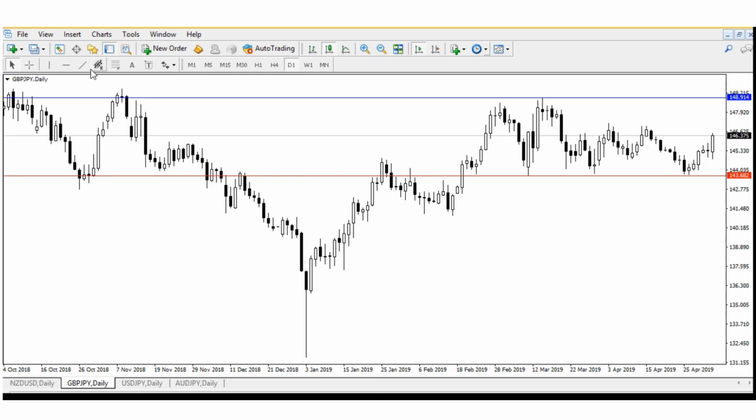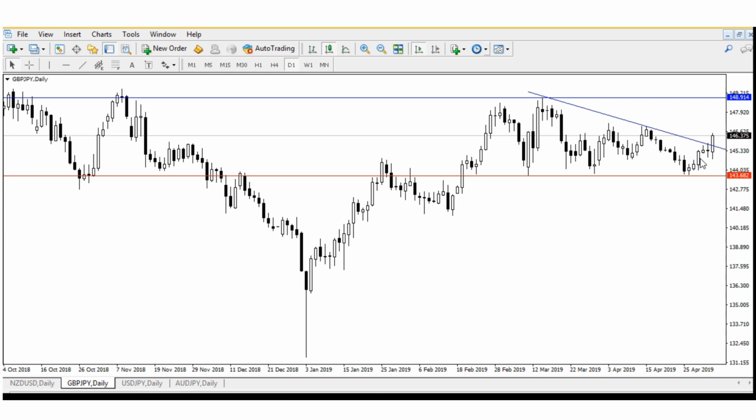Zooming in, let's get the descending channel resistance right. So this is it for the GBPJPY.